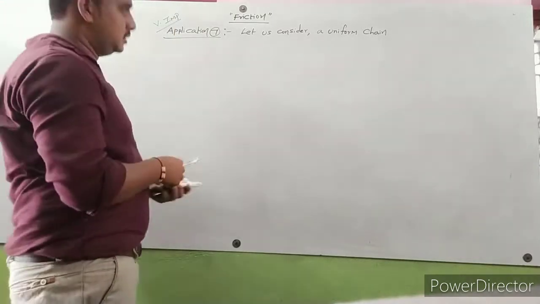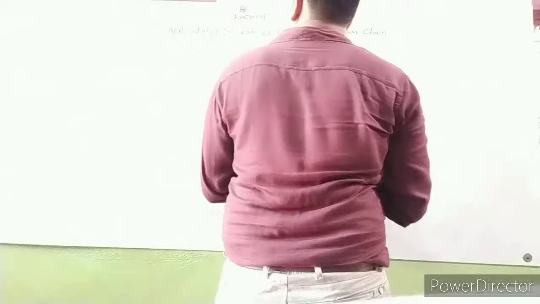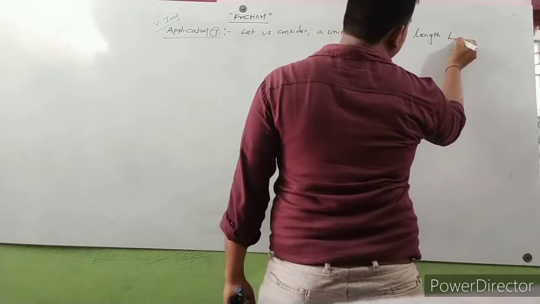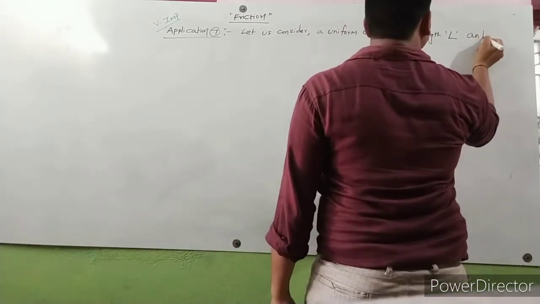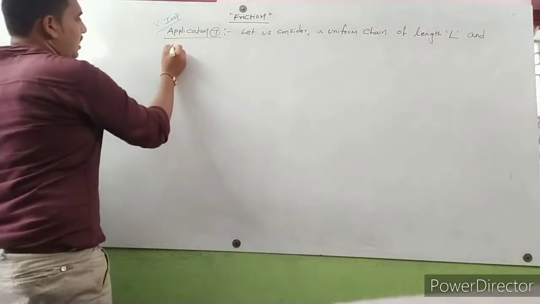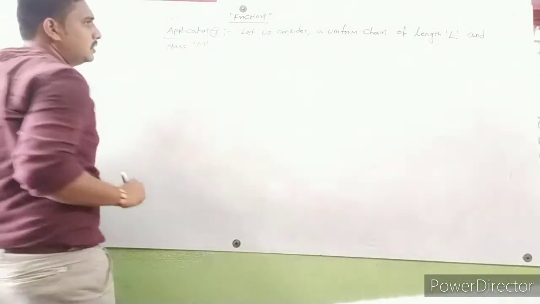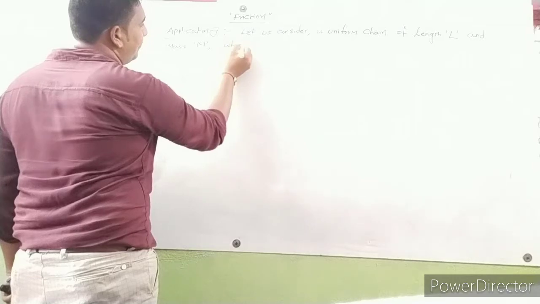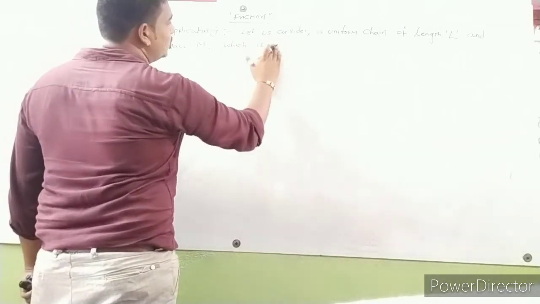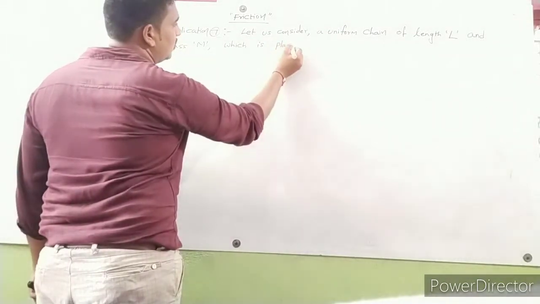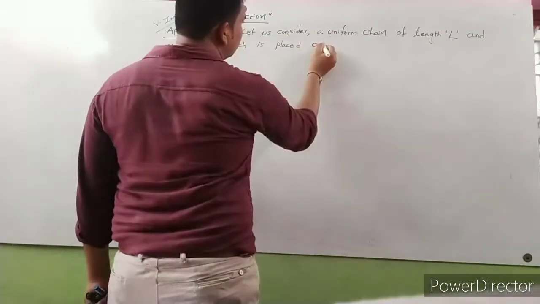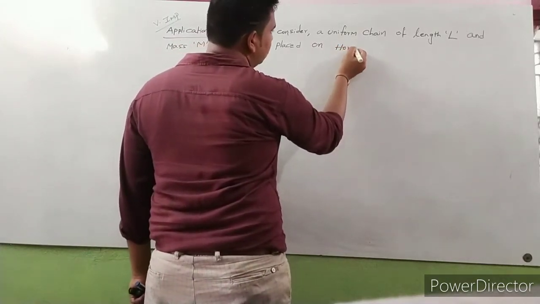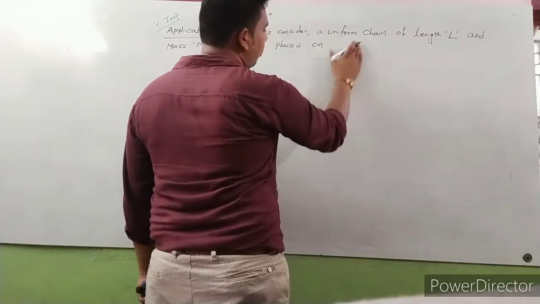Let us consider a uniform chain of length L and mass M, which is placed on a rough horizontal table.